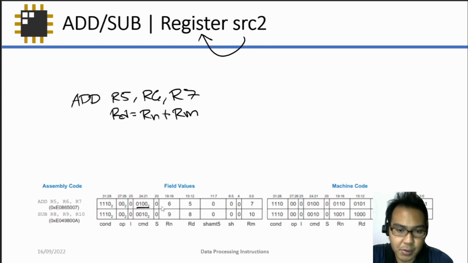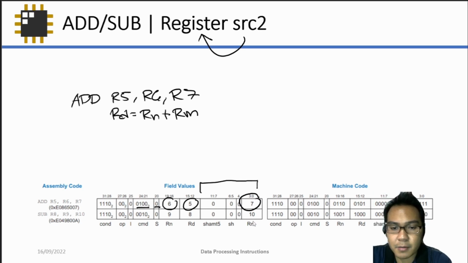We didn't put an S, so we're not supposed to update the status registers. We put a 0 here. Rn is R6, so we put 6 here. Rd is 5, so that's 5 here. This is the source 2 for register. We have 7 right here because that's Rm. Now the remaining ones: we don't have a condition, so it's always true, 1110. Opcode for data processing instructions is 00. And now we're back to I.